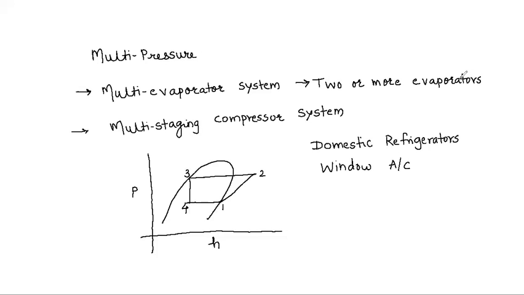Two or more evaporators would be a multi-evaporator system, and two or more compressors would be a multi-staging system. Obviously, when you are talking about compressor systems having two or more compressors, it essentially involves intercooling.